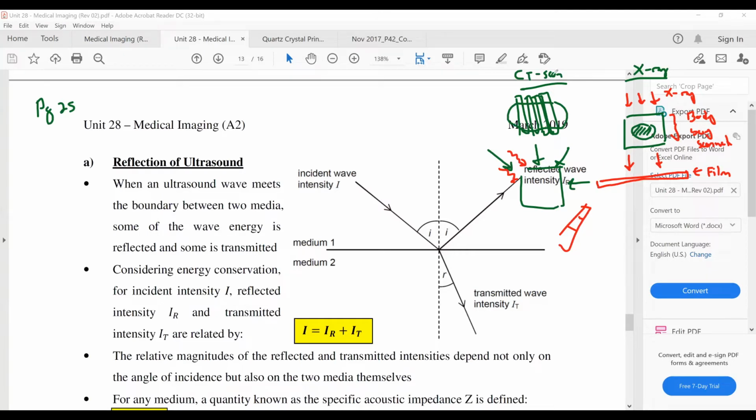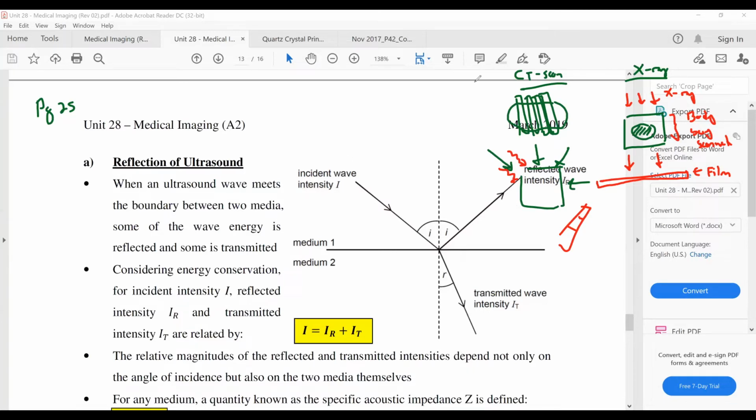So here for CT scan and X-ray, you notice that the similarity between them is that you actually need the X-ray to pass through your medium. It must pass through the medium in order for you to get some sort of information for you to produce your image. Okay, that is what X-ray was.